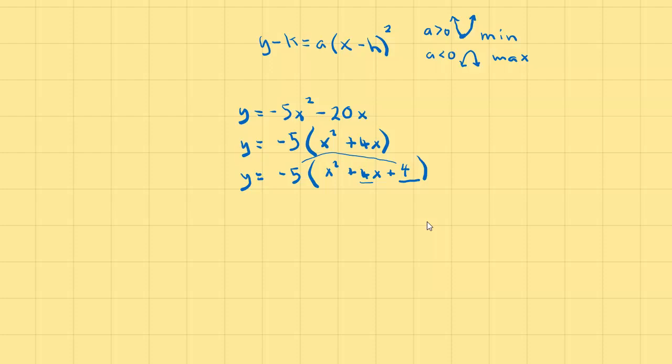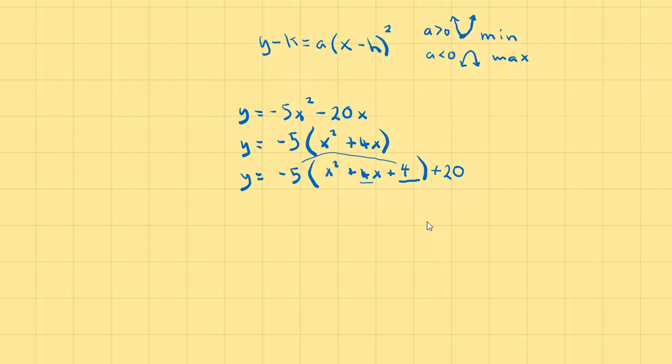So what I really did was, when I put the 4 there, I was really taking away 20. And so I have to compensate by putting plus 20. And that's the tricky part here. But remember, if you put something there, you have to take it away, or you have to do the opposite of it in this case.